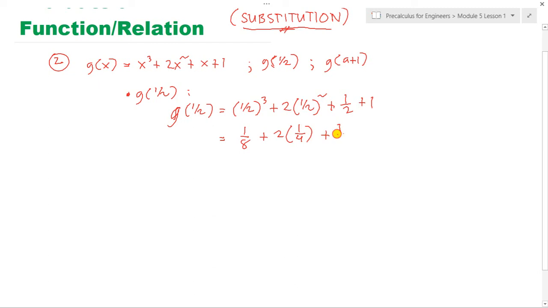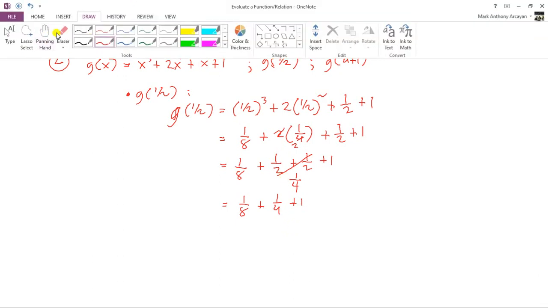The next is 1/2 plus 1. Here 2 times 1/4, makancel na siya ma 2, so 1/2 na lang. So we have here 1/8 plus 1/2 plus 1/2 plus 1. This would be merged into 1. So we have now 1/8 plus 1 plus 1. Sorry.